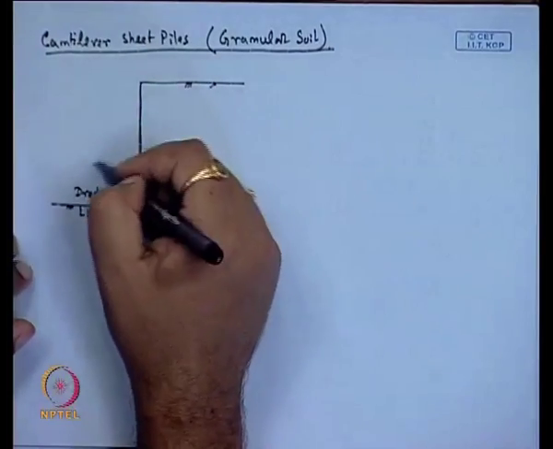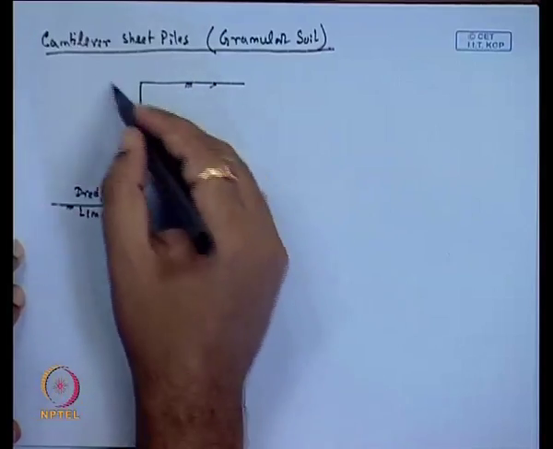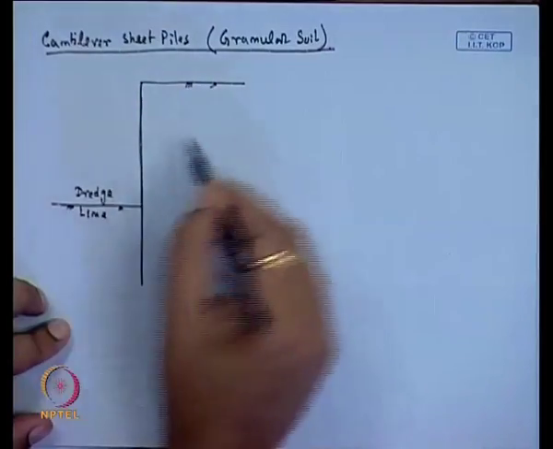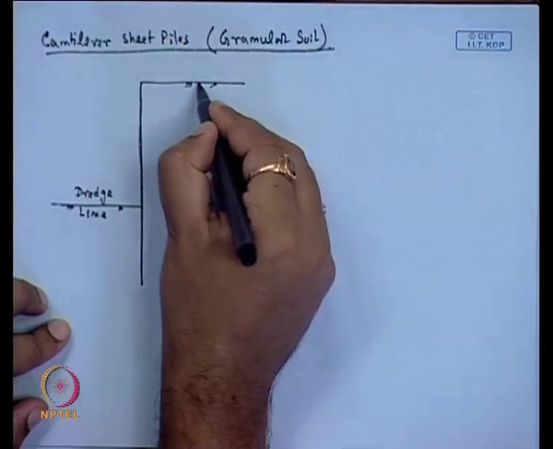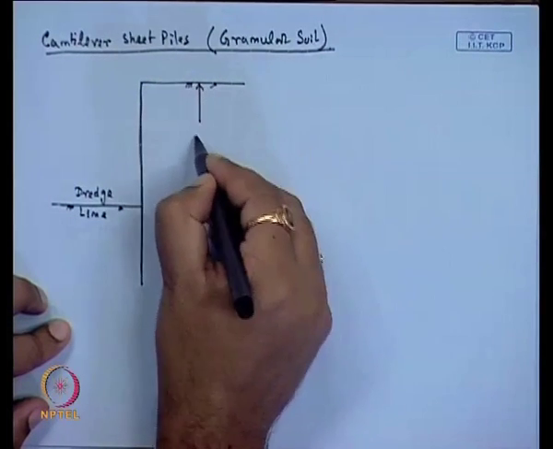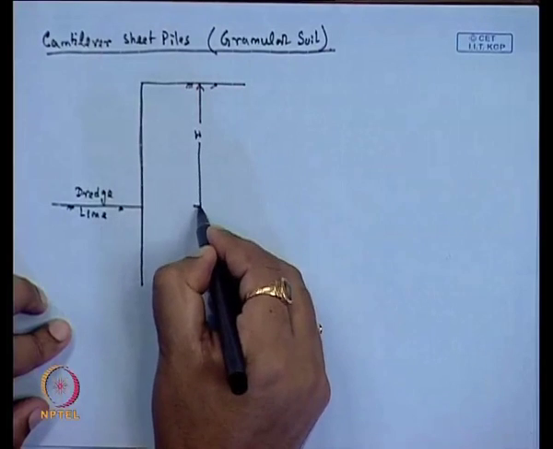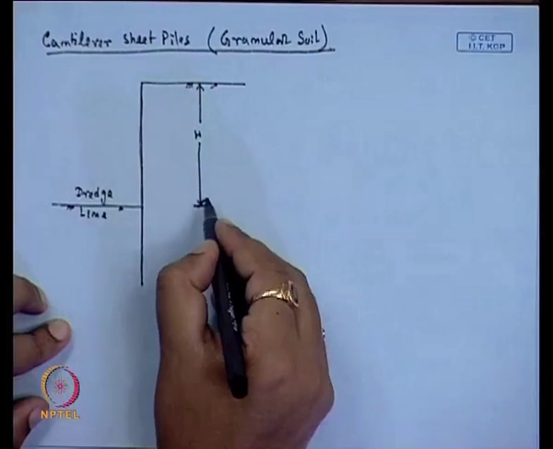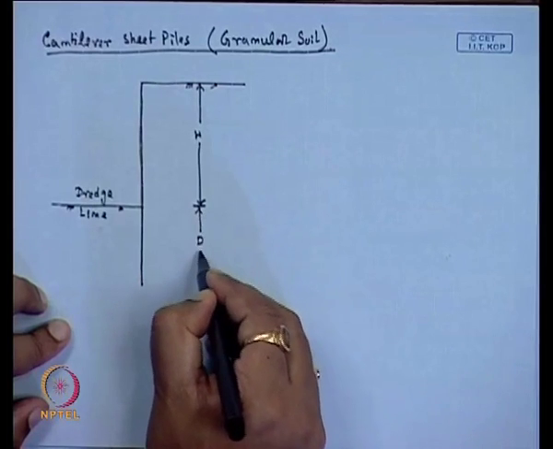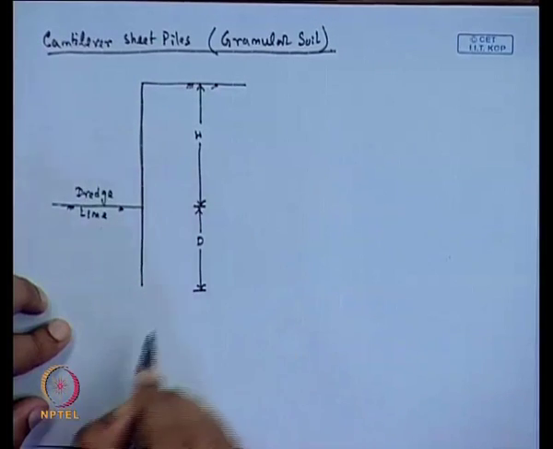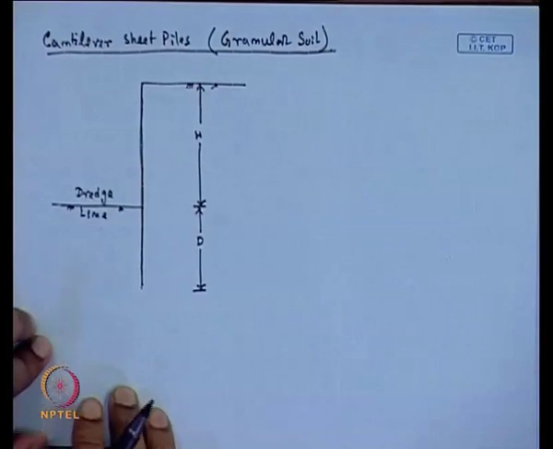This portion may be void, or this side is water and this side is soil. This one is the height of the sheet pile above the dredge line, and this one is the depth of the sheet pile, which is up to the base of the sheet pile.